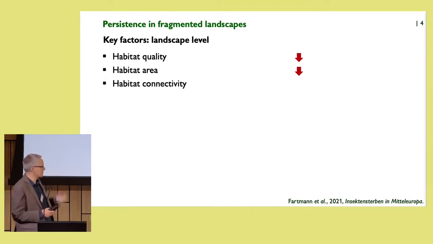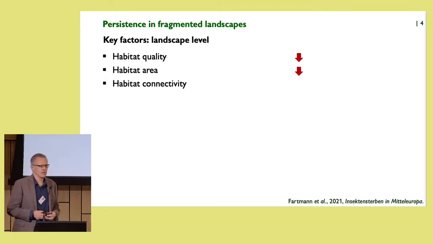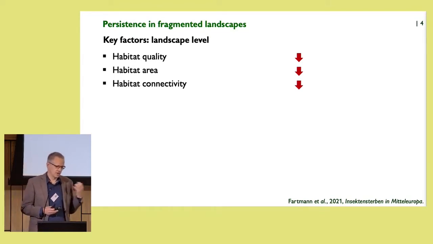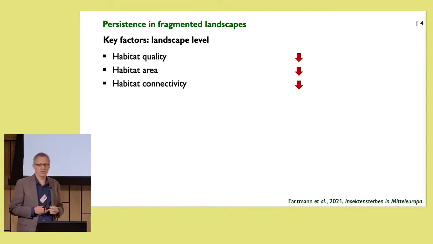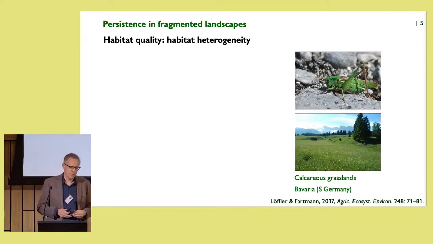The second one, habitat area, is also declining in most of our habitat patches compared to former times, and the same is true for connectivity. There are also clear losses in habitat connectivity, and these are the conditions the species have to cope with in our fragmented landscapes. And I'd like to focus a little bit more strongly on habitat quality.